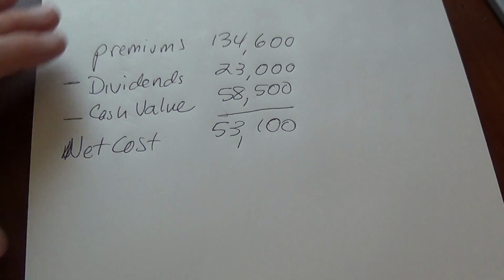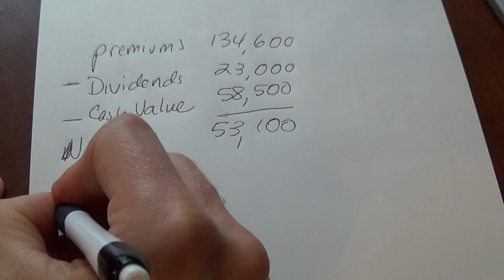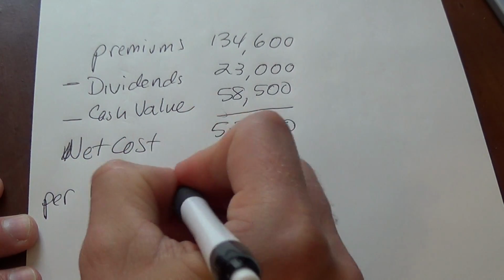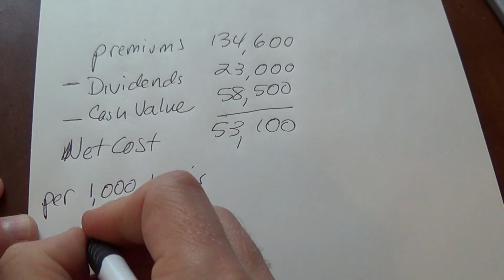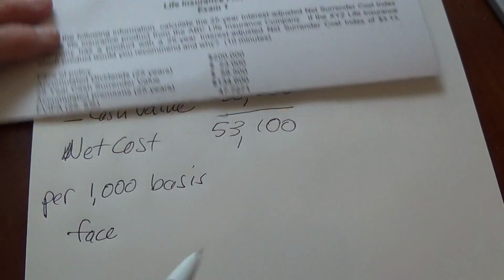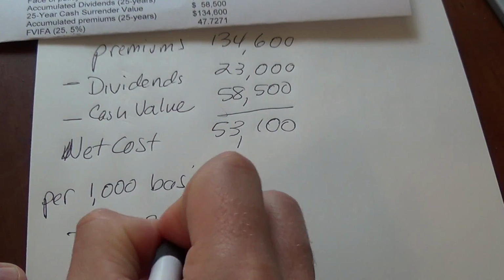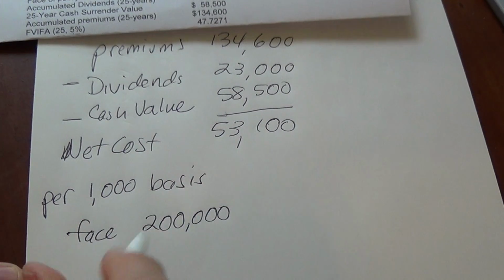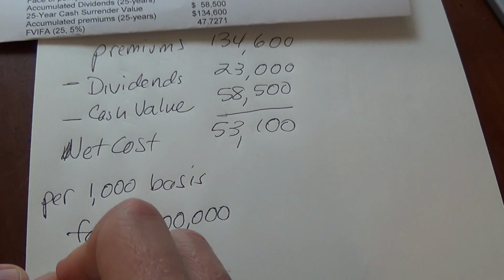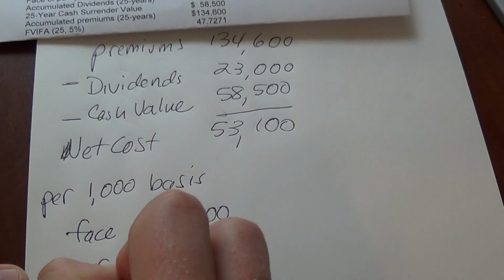So the first adjustment we need to make, let's do it on a per $1,000 of insurance basis. Well, the face of the policy as given is $200,000. So the question is, how many thousands are there in 200,000? So what we do is we do it on a per 1,000 basis.